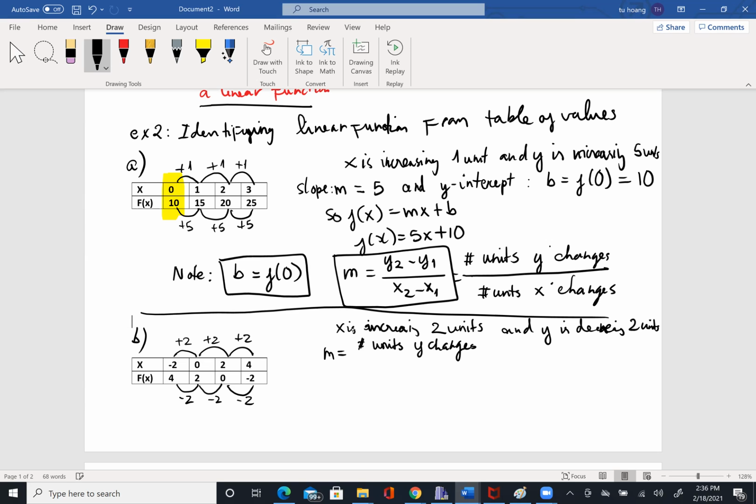So the number of units x changes each time.